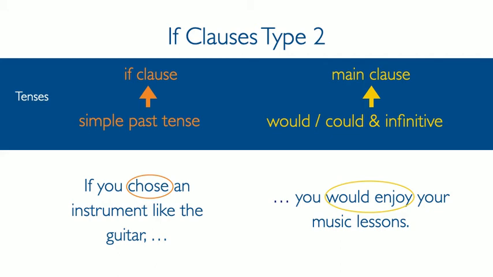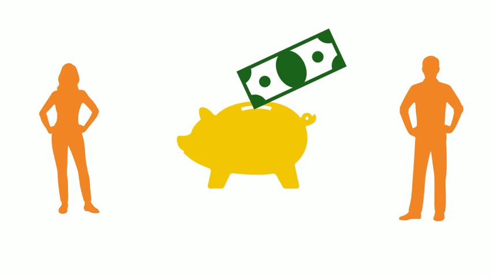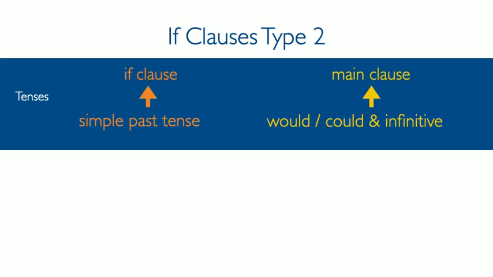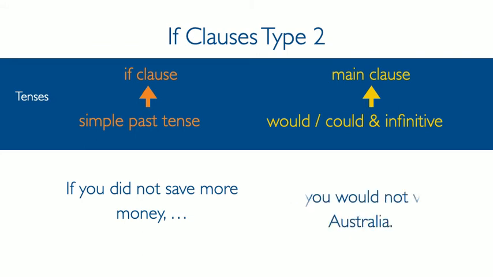Alright, let's check out some negative statements. Therefore, we go to our third example. If you did not save more money, you would not visit Australia. In this sentence, you see that we use the verbal construction did not save in the simple past tense in the if clause and the verbal construction would not visit in the main clause.